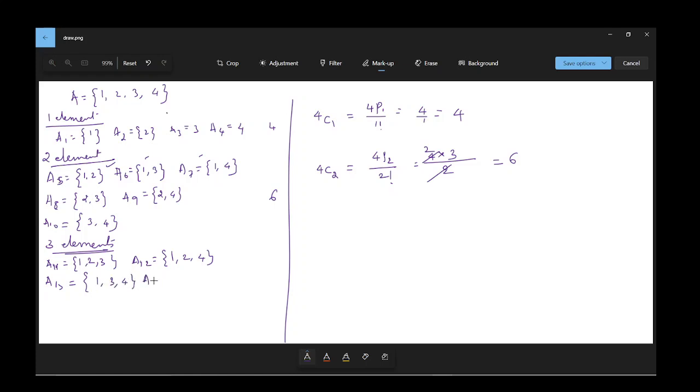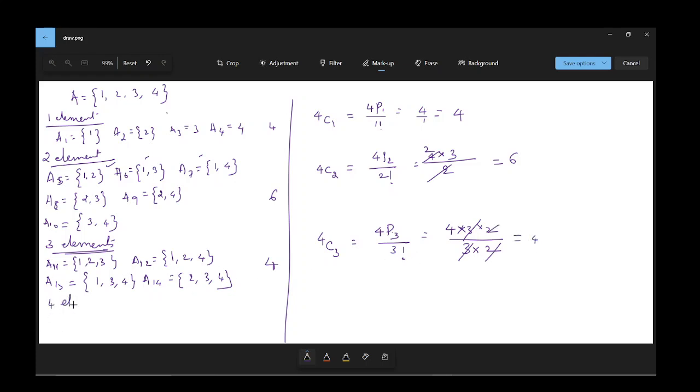A14 as 2, 3 and 4. So there are totally 4. Let us verify this. 4 elements combination 3, 4C3. 4C3 is 4P3 by 3 factorial. 4P3 is 4 into 3 into 2 divided by 3 into 2. 3 and 3, 2 and 2 will cancel, so I'll get 4.